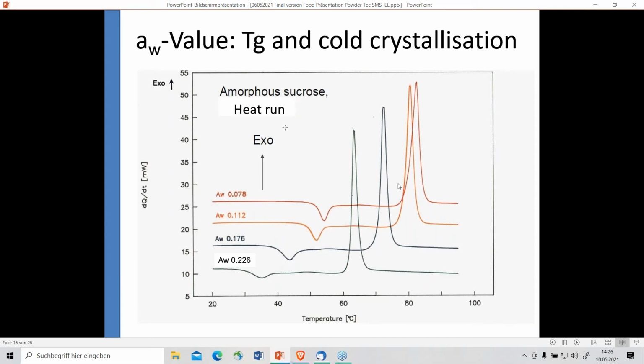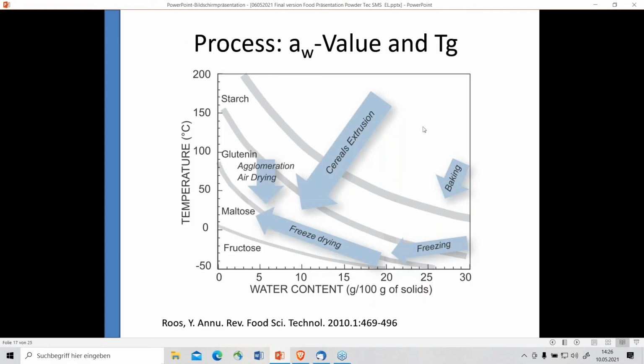So that's the main reason why a powder can cake or a powder will be suitable and flowable. That's one of our focuses, to see the behavior of the powder, and we have several processes where there is always an influence of the water and the temperature and the behavior of the glass transition temperature belonging to the water and to the field of temperature.